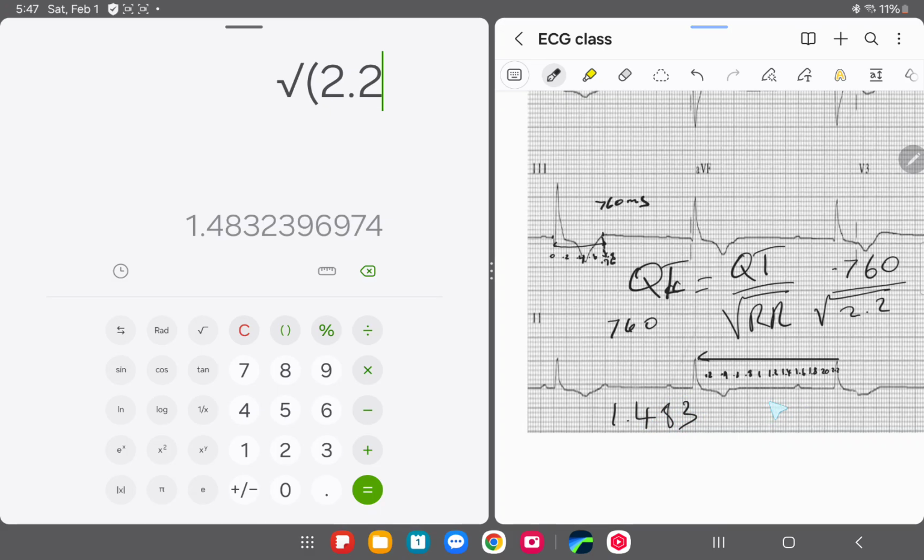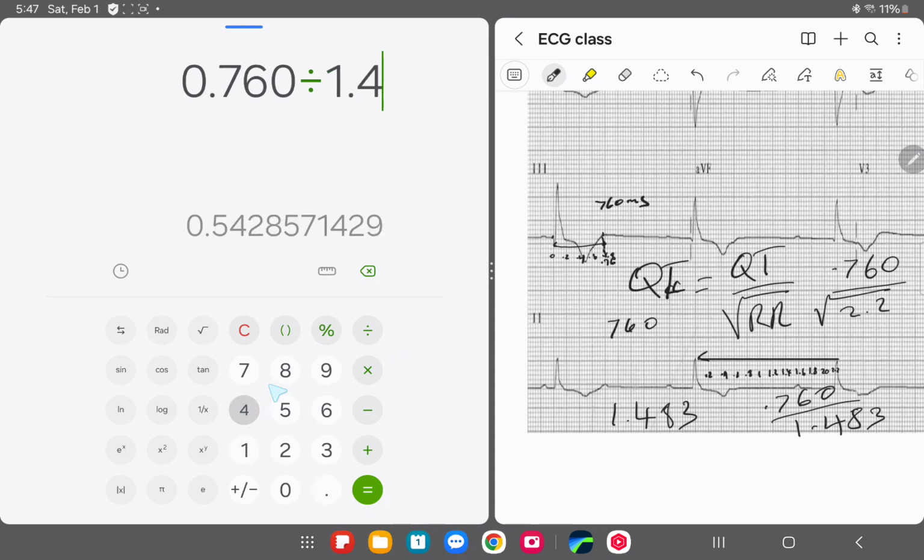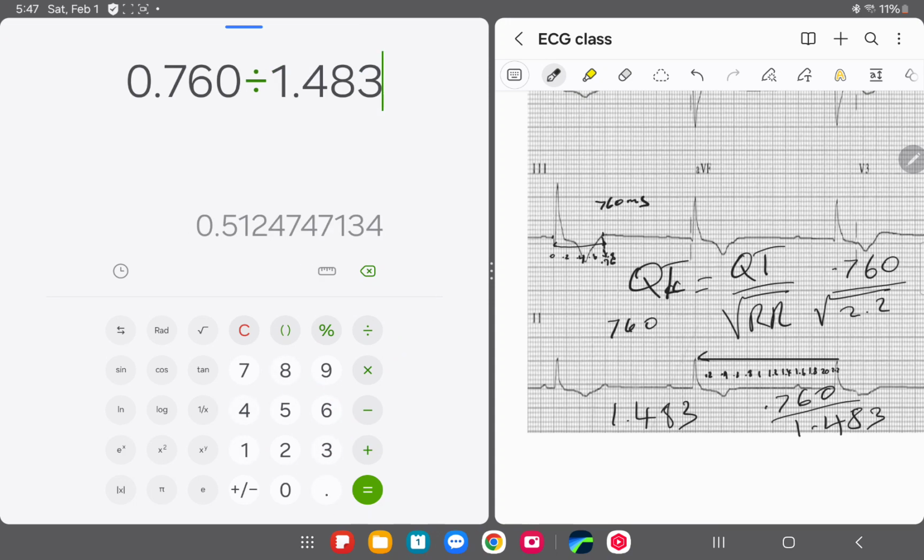So 0.760 divided by 1.483 gives me a QT of 0.512. So the QT is indeed prolonged.